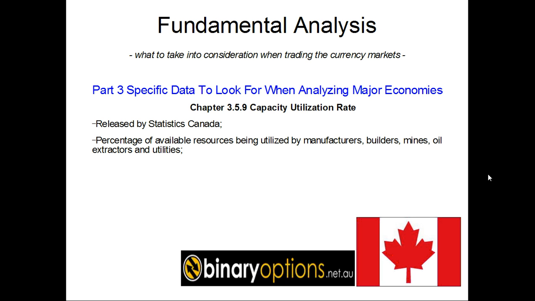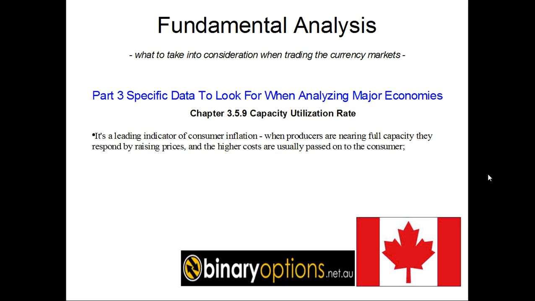Again, this one is released by Statistics Canada, and it shows the percentage of available resources being utilized by manufacturers, builders, mines, oil extractors, and utilities. It's a leading indicator of consumer inflation.